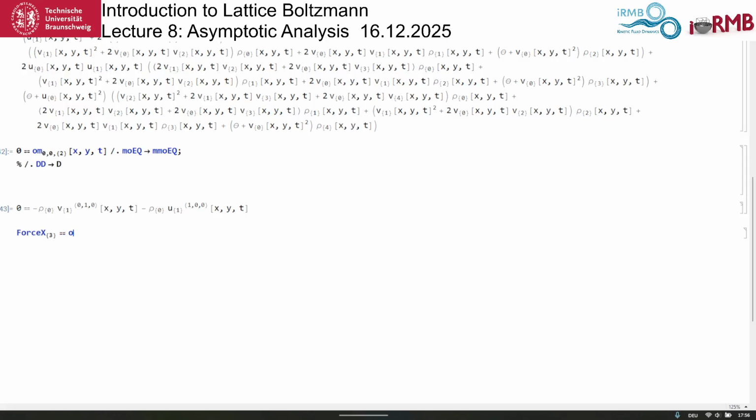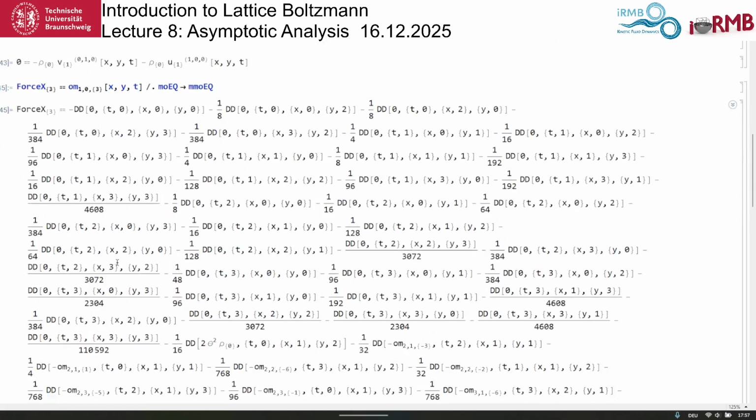This I should make omega 1, 0, and 3. So this was the equation that we wanted to have in x, y, and t. And I want to replace this mho again with my defined equilibrium. Okay, so no, that's supposed to be a comma.